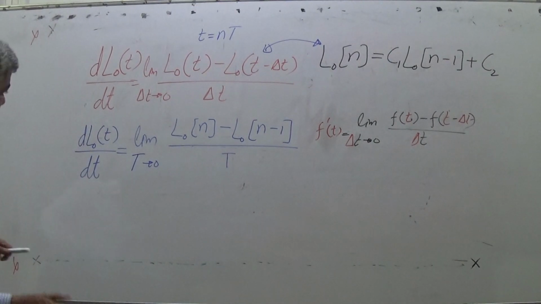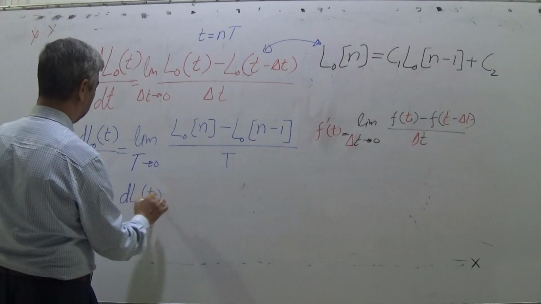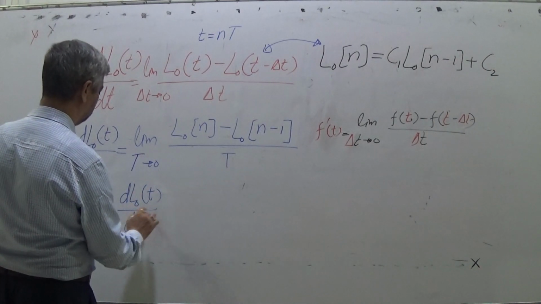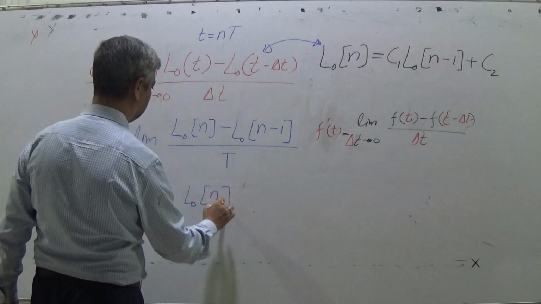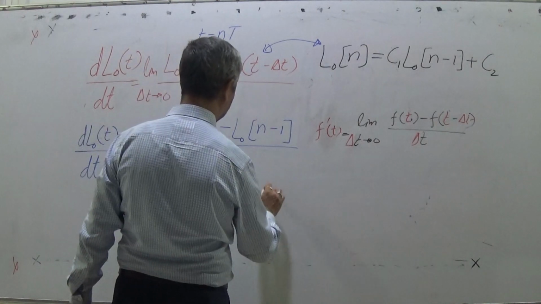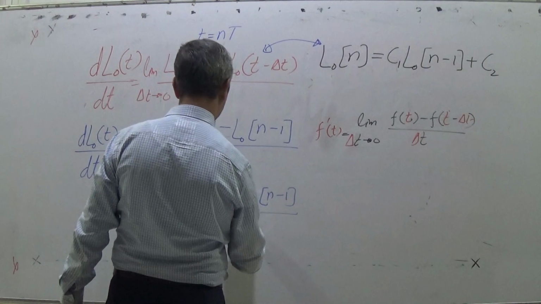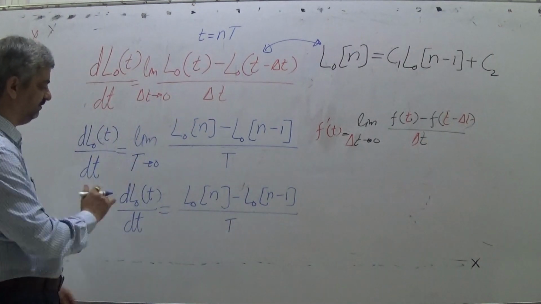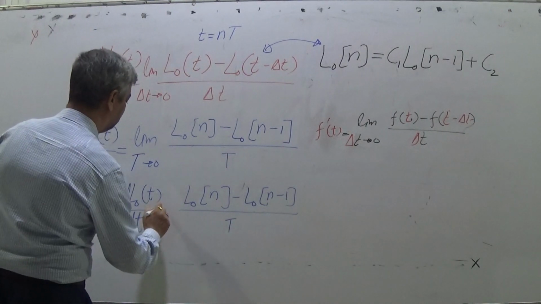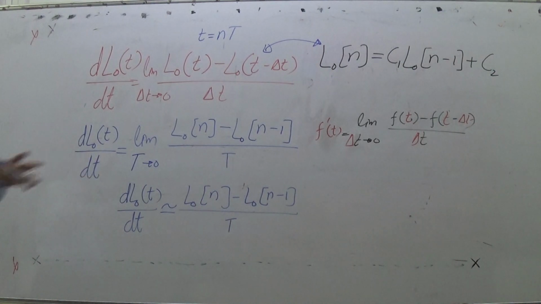So we can write dLOt upon dt is equal to LO n minus LO n minus 1 upon capital T, if this capital T is too small, if capital T is tending to 0.